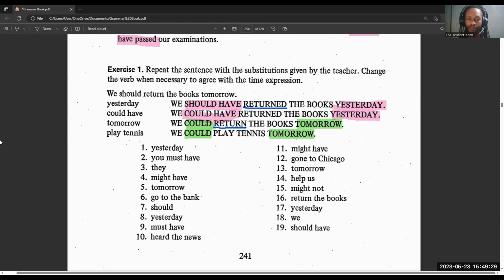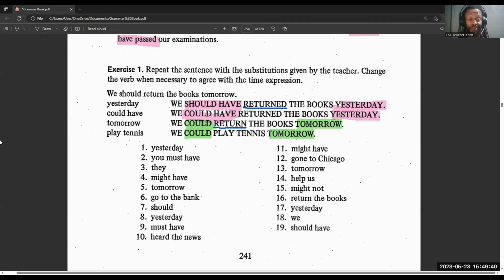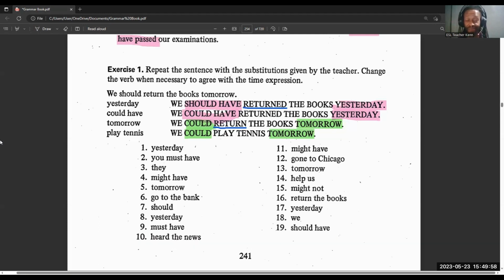They. They must have played tennis yesterday. Repeat. Might have. They might have played tennis yesterday.